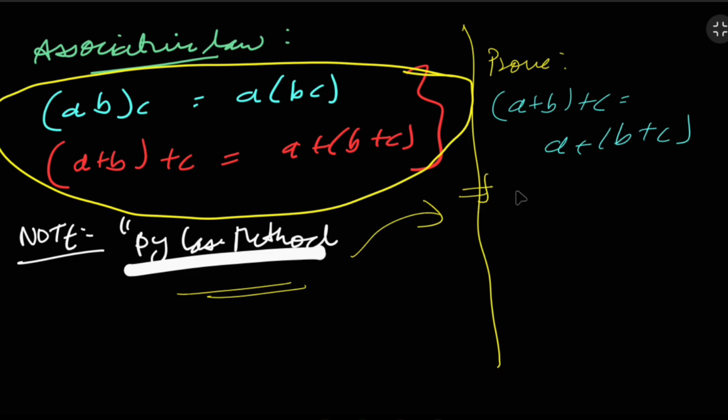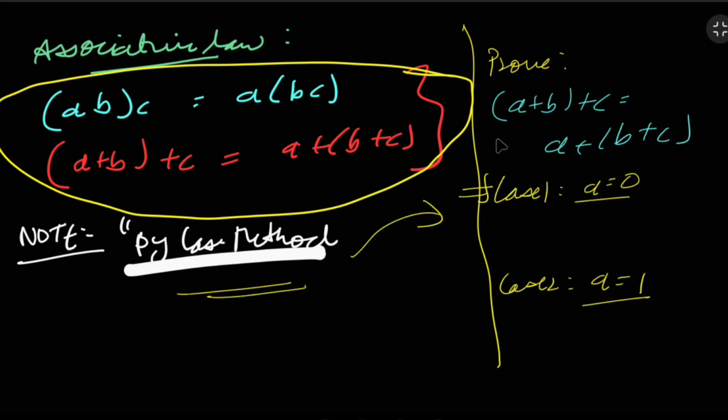If we have variable A, then what are the cases possible? Only two cases are possible. Either this variable will be 0 or this variable will be 1. Any other case possible? No. Okay? Only two cases are possible.